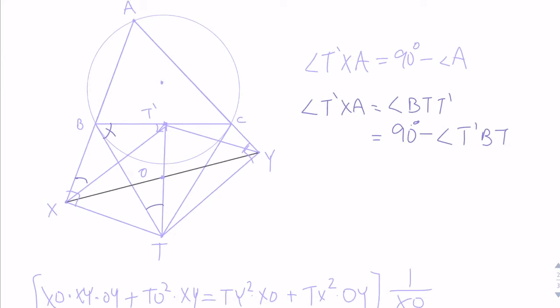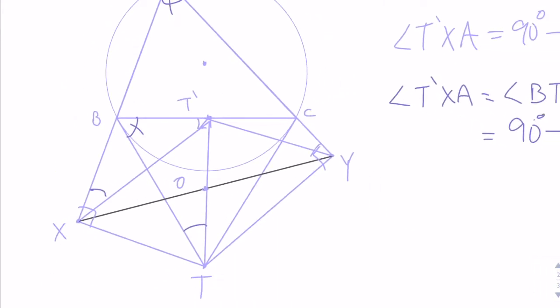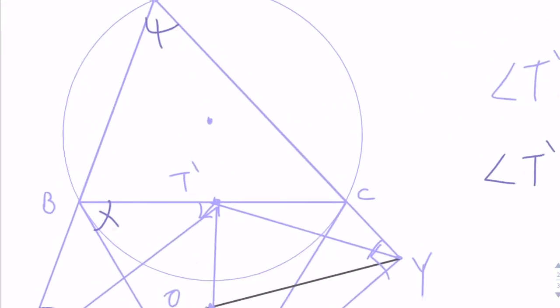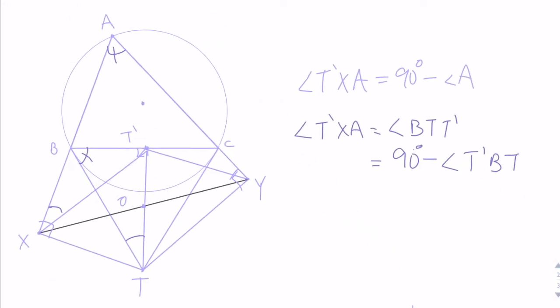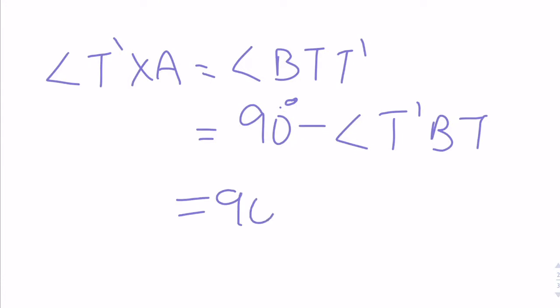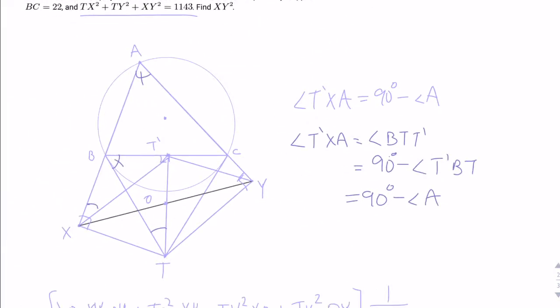And finally, we know that angle T prime BT is equal to angle A, because BT is tangent to the circle and subtends the arc BC, and angle A also subtends the same arc. So we've proven our claim. And we note that the exact same argument holds for the other side.